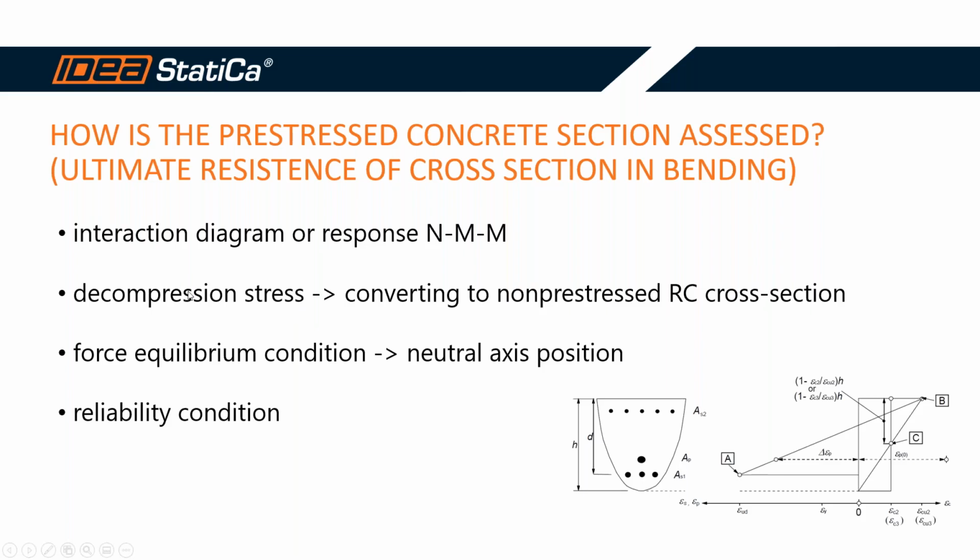So this is the step which is different from the regular reinforced concrete section, and from this step the procedure is the same. So we need to find or assemble the force equilibrium condition.